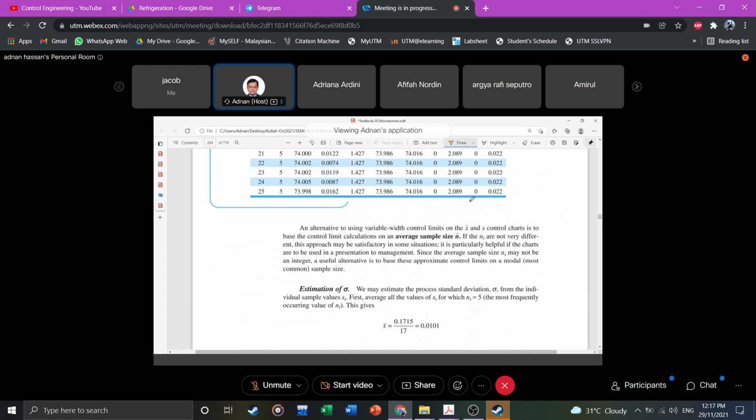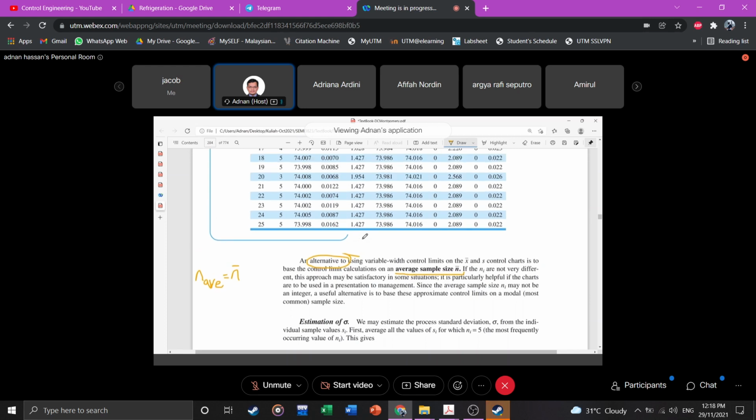Variable sample size. An alternative method that I mentioned just now is using the average sample size, which is n bar. So instead of calculating individually, where every sample has its own control limit, you take the n average and use that n average in the calculation of control limits.